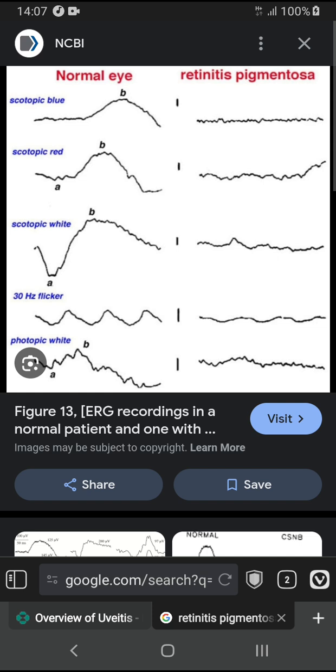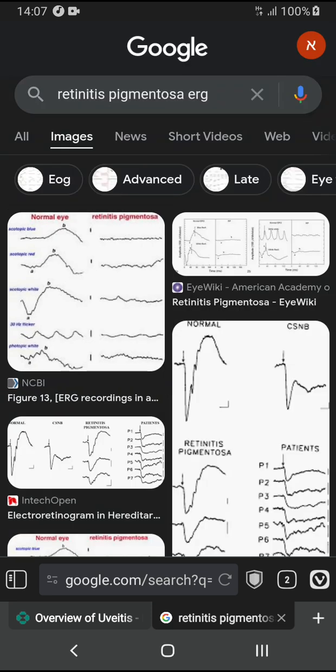In a normal eye, these two waves are present. Firstly the A wave, and then the B wave, as you can see in the left column. Now, in retinitis pigmentosa, both waves in the advanced disease are flattened. As you can see in the right column, the A and B waves have vanished. No A wave, no B wave. And ERG helps in the diagnosis of retinitis pigmentosa.